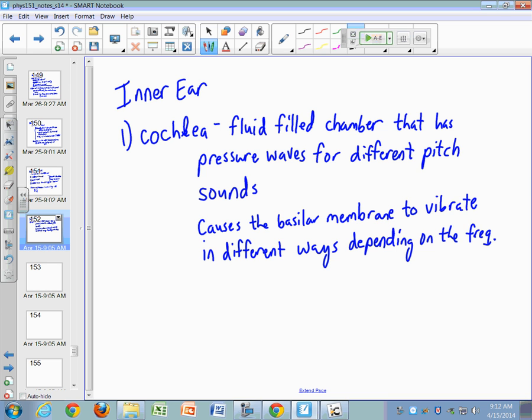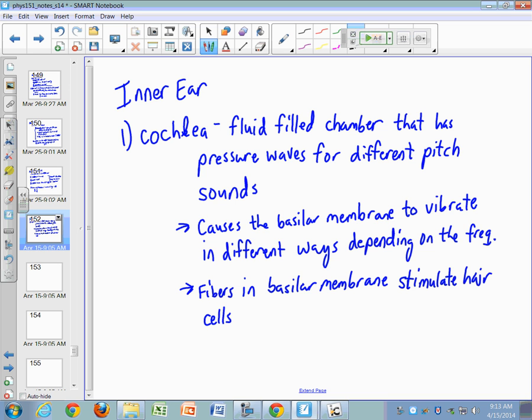And then fibers in this membrane, I'll show you a little video in just a second, fibers in the basilar membrane stimulate hair cells that are connected to the auditory nerve.